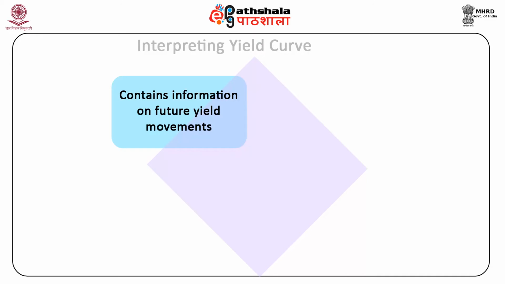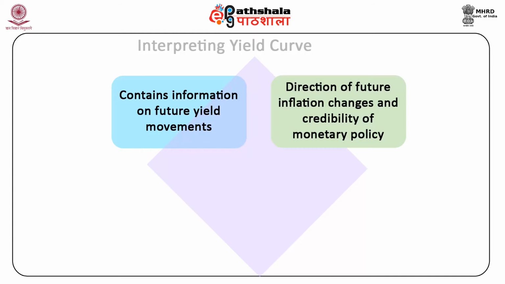The yield spread reflects the direction of future inflation changes and the credibility of monetary policy. When long-term expectations of inflation rise, investors demand higher long-term yield rates, resulting in a steepening of the yield curve.